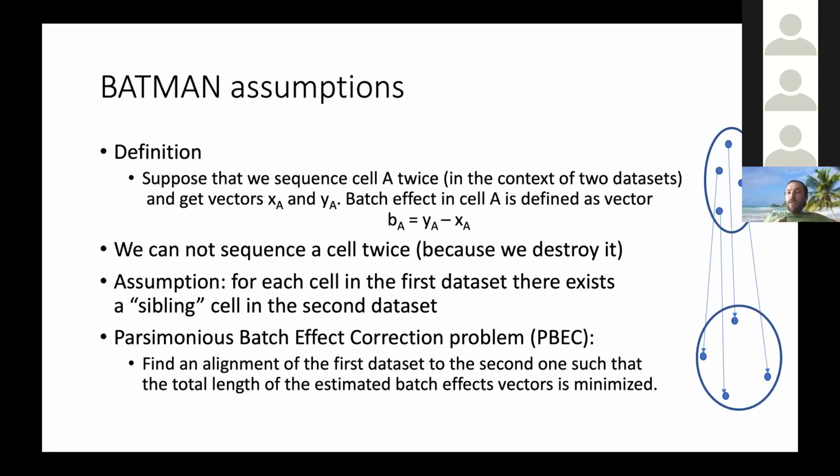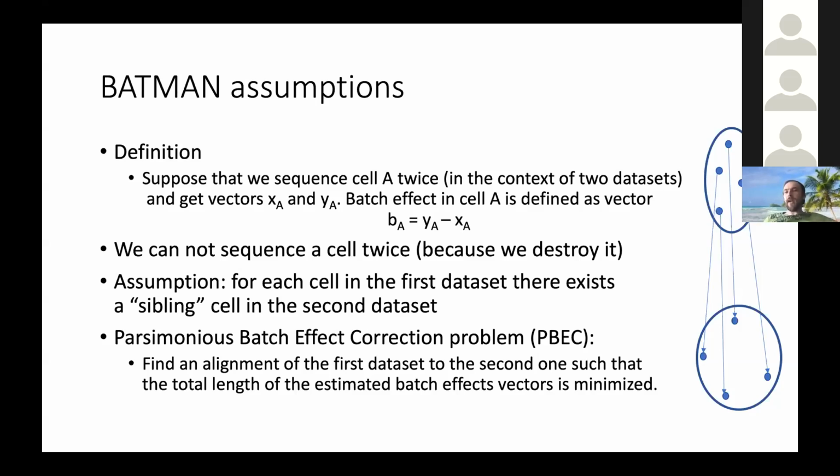So now, suppose that the assumption is that for each cell in the first data set, there exists such a sibling cell in the second data set, which would be the closest to its representation in case we could sequence it twice. So the formulation of my approach, the parsimony, is finding an alignment of the first data set to the second one, such that the total length of the estimated batch effect vectors is minimized.